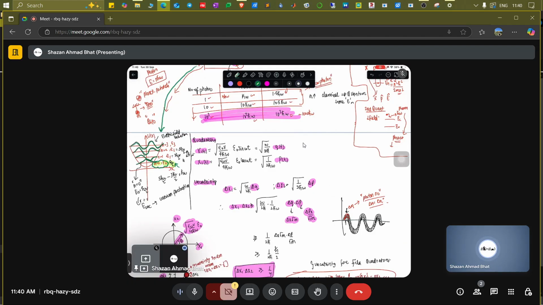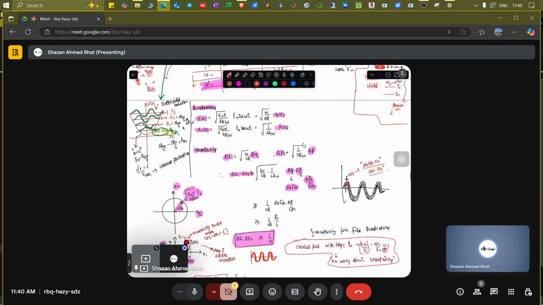And you saw how you can tune these vacuum fluctuations. You can tune them by changing the volume of a cell, or let's say a cavity in which the photon is present. So it's purely a photon-cavity interaction, I should say.